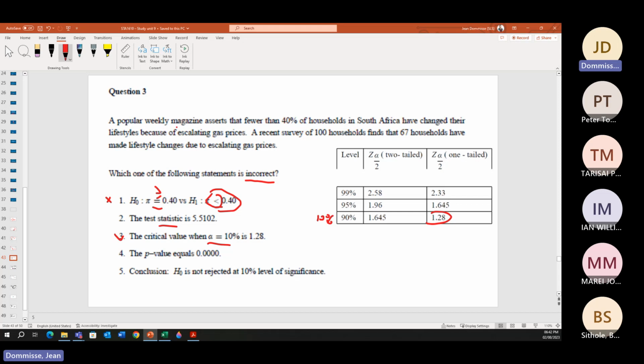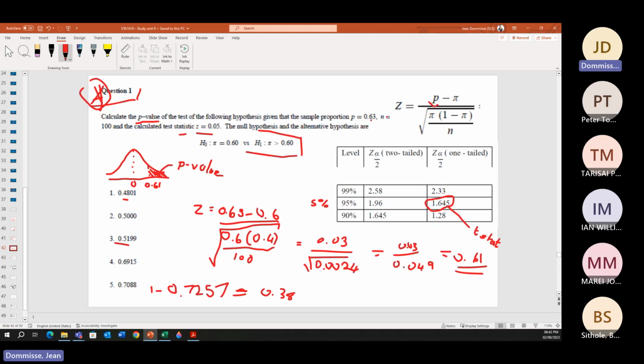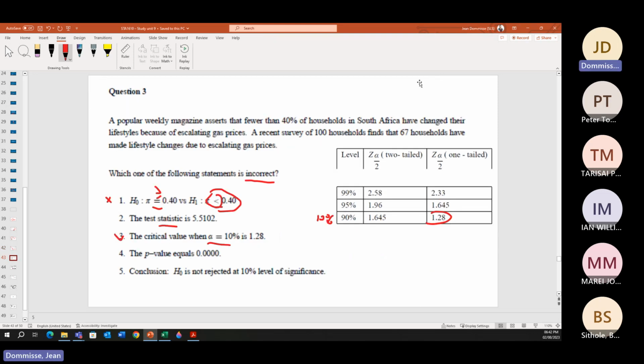Okay, so Popular Weekly magazine asserts that fewer than 40%. So we are going to use this formula again. Let's hope it's going to work for this one.